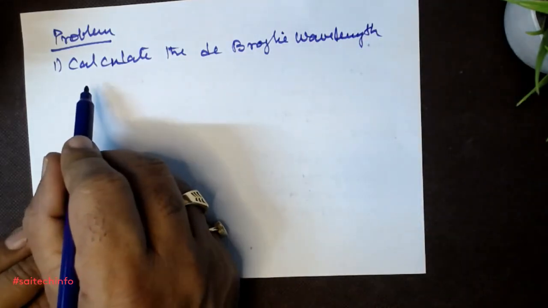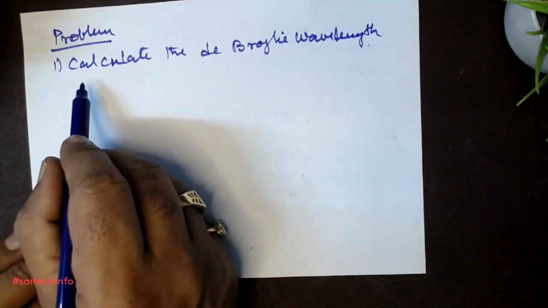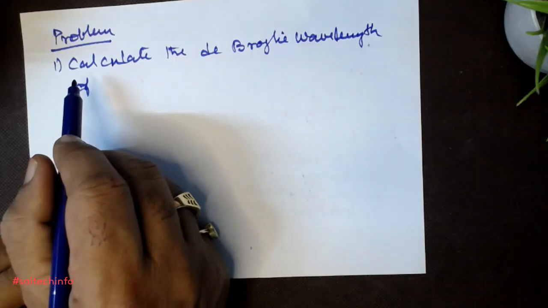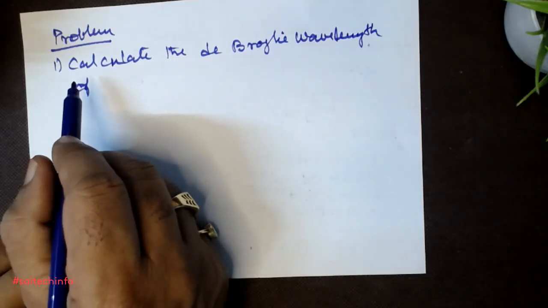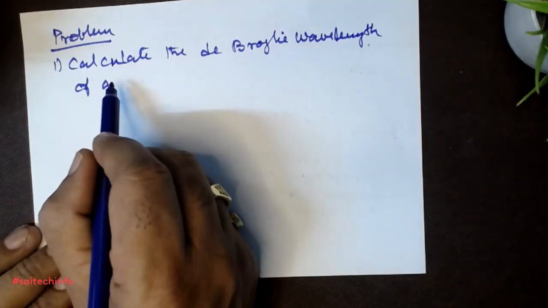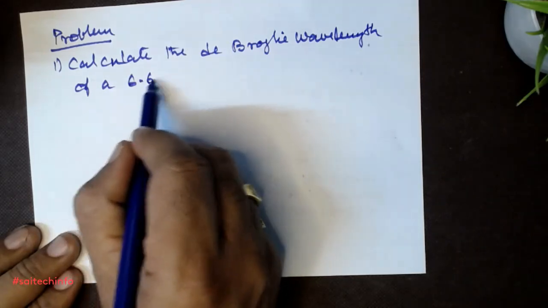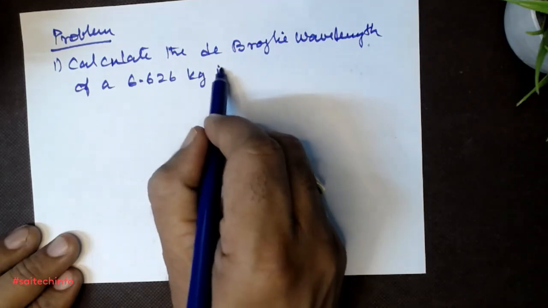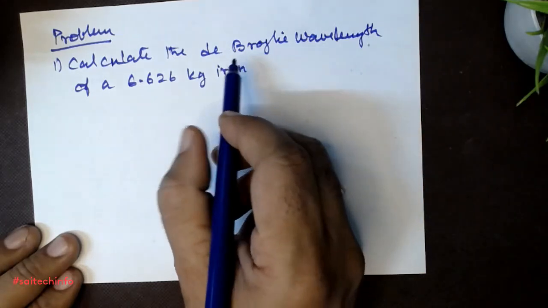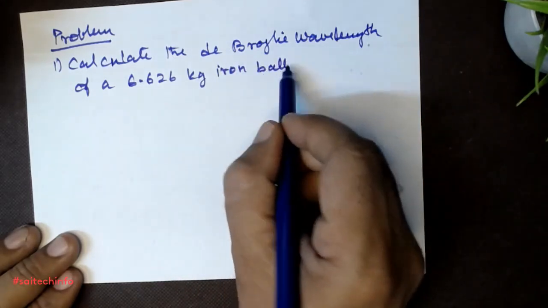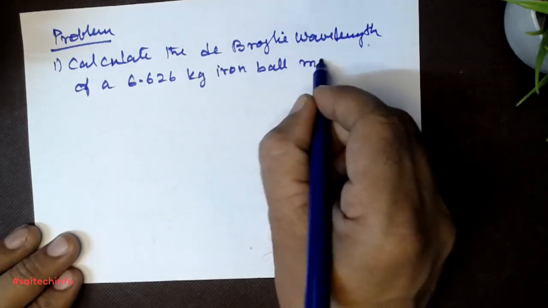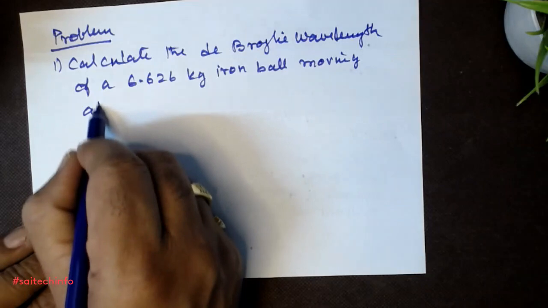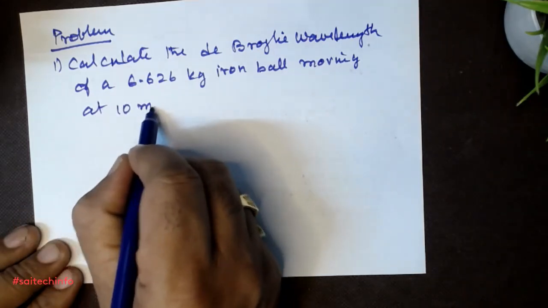Calculate the de Broglie wavelength of a 6.626 kg iron ball moving at 10 meter per second.